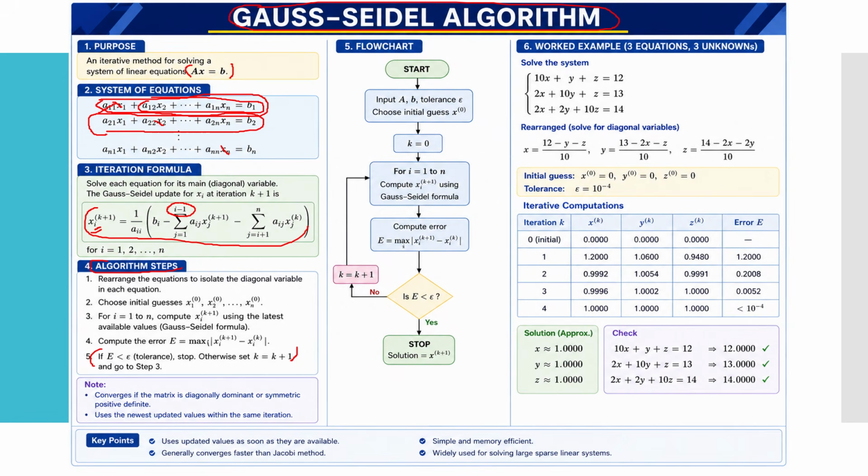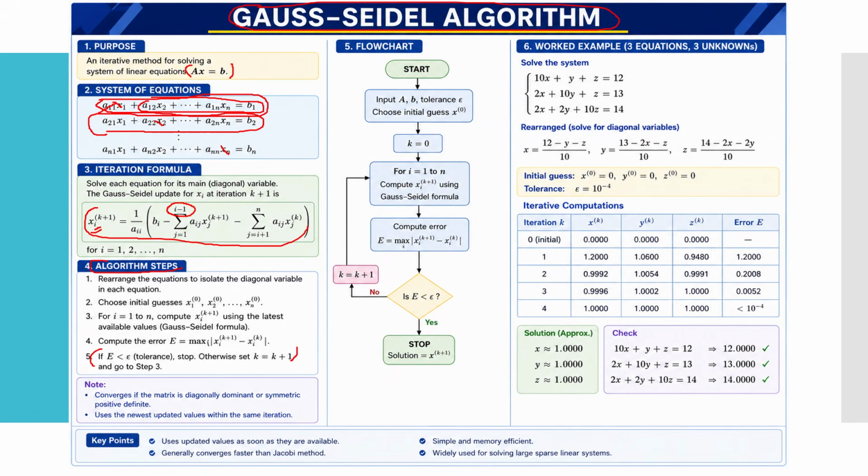Use the newest updated values in the same iteration. As already said, for example, if we are calculating x3 or x4, we already have updated values for x1, x2, x3, so we'll use the updated values, but we use the older version for the x values beyond the one being calculated.